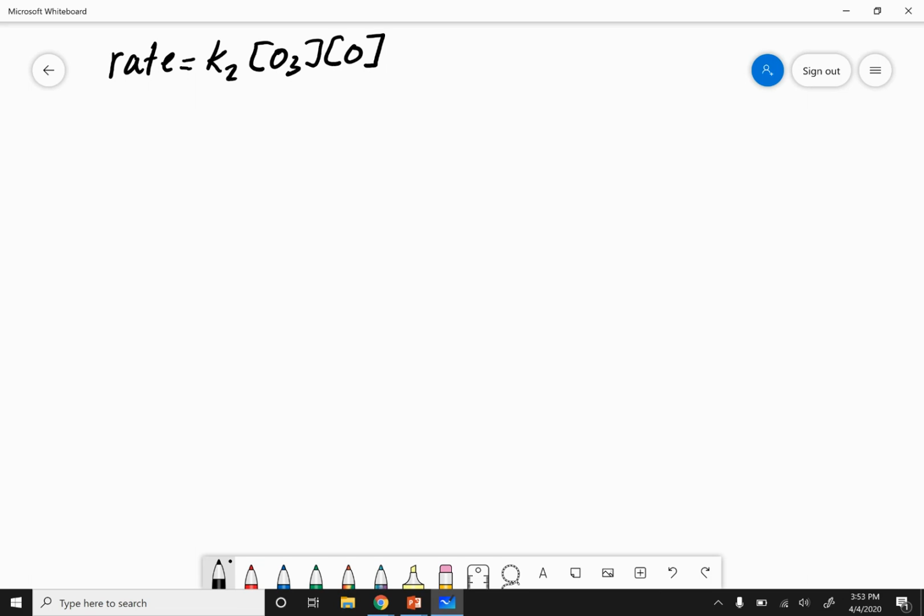So what does a fast equilibrium mean? A fast equilibrium means that the forward reaction equals the reverse reaction. So let's write that down. If I look at that first elementary step, to go forward, I would have K1, the forward rate constant, times O3. And then I can have the reverse reaction, so the reverse rate constant, K to the minus 1.